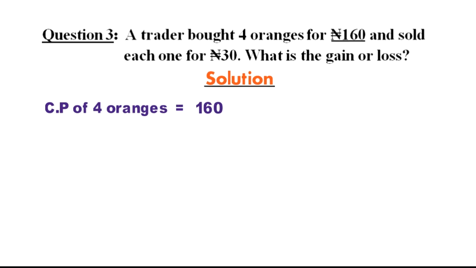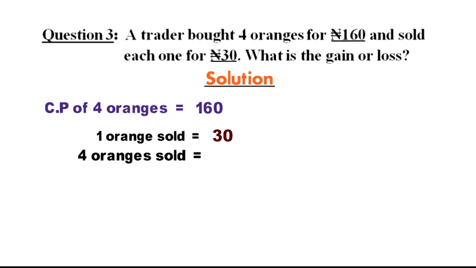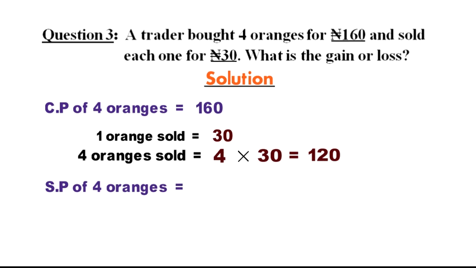The trader sold each orange for 30 naira. This means selling price for 1 orange is 30 naira. We need to find the selling price for the 4 oranges. If 1 orange was sold for 30 naira, then 4 oranges will be sold for 4 times 30 naira, which is equal to 120. Therefore, the selling price for 4 oranges is equal to 120 naira.